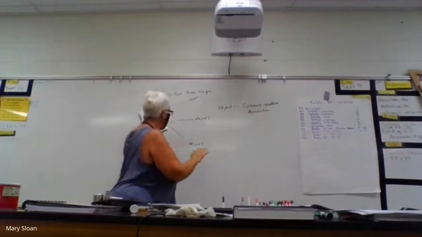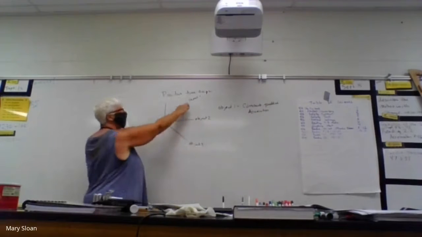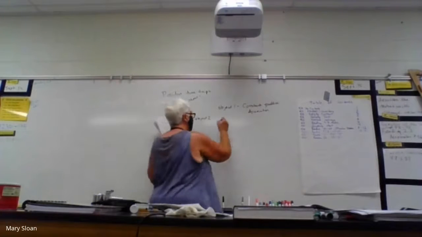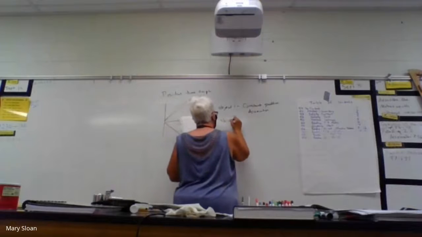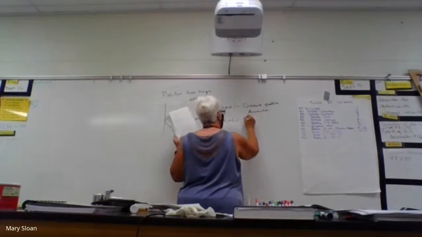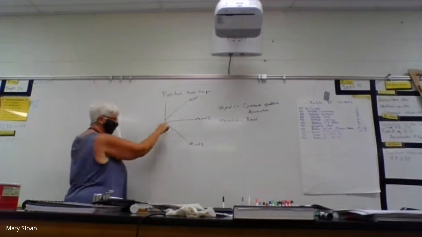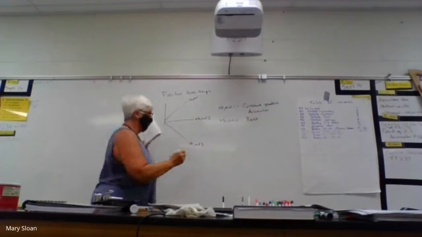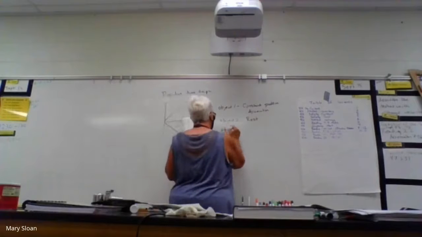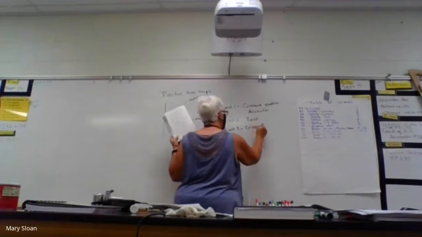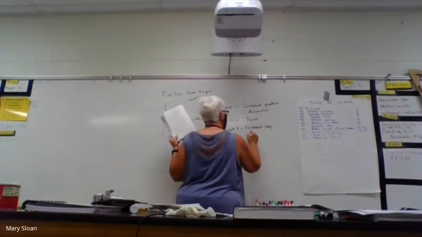How do we know that? Because if you look at it, it's going up at a constant rate. Object 2 is at rest because it's straight across. Object 3 is at a constant negative acceleration.